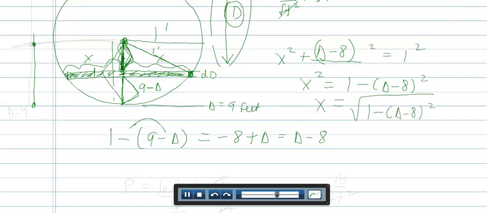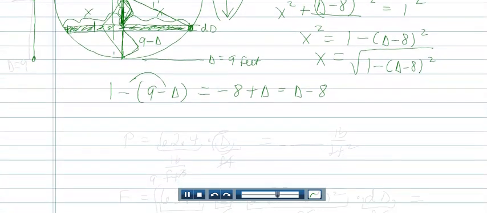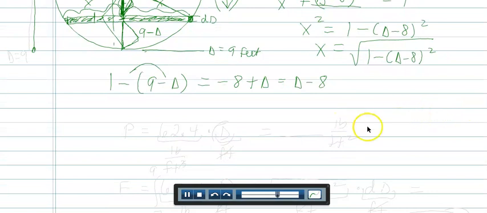So here's what I know. The pressure on that strip, that slice in the window, is going to be the weight density of water, we're going to call it 62.4 pounds per cubic foot, times the depth, which is just going to be d.